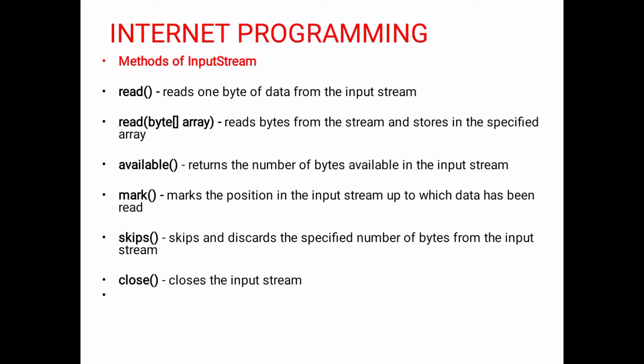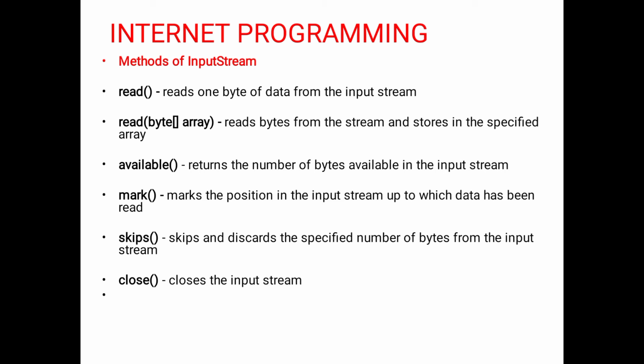The third one is available. What does available do? It returns the number of bytes available in the input stream, that is, how many bytes are available. The next one is mark. This method marks the position in the input stream up to which data has been read.